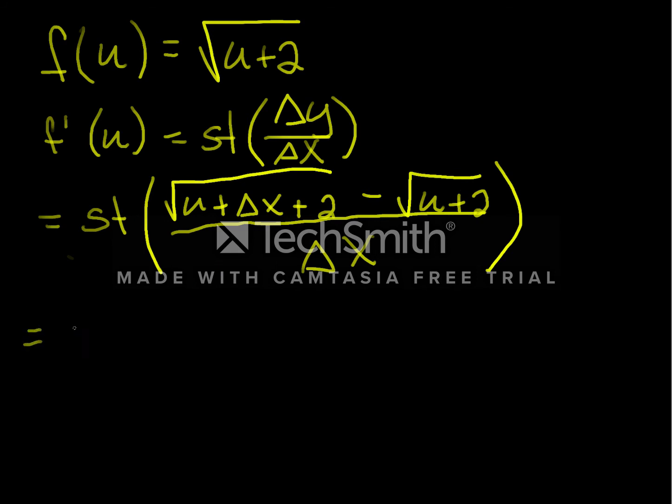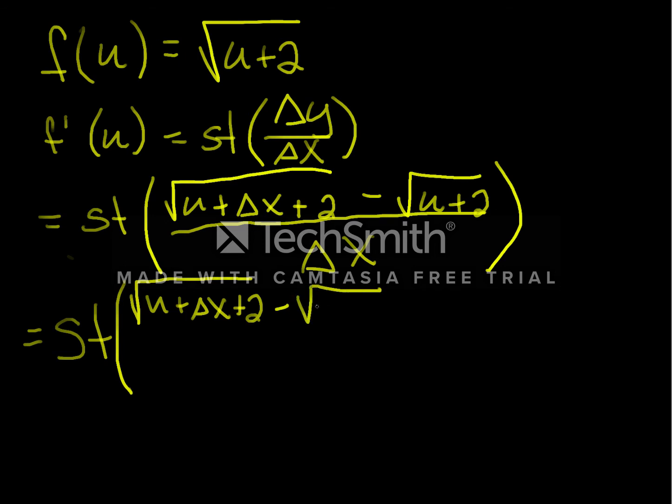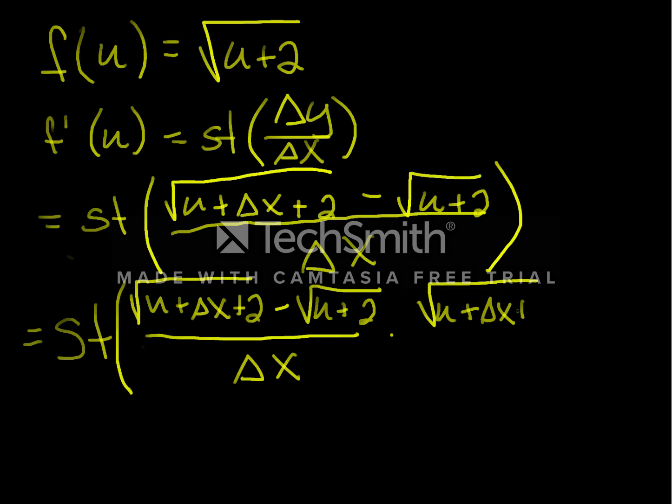So this is equal to the standard part of the square root of u plus delta x plus 2 minus the square root of u plus 2, still all over delta x, but now we'll multiply by the conjugate: the square root of u plus delta x plus 2 plus the square root of u plus 2.